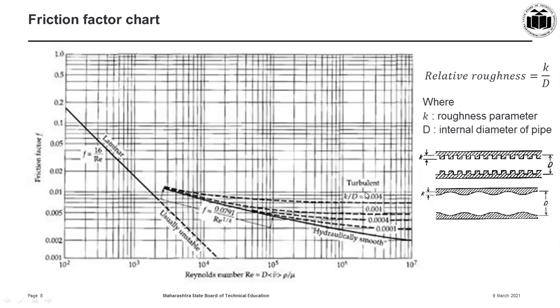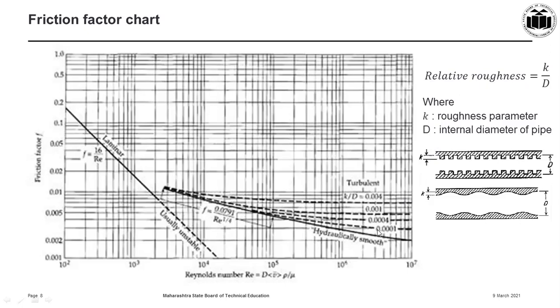This relative roughness is the ratio of the roughness parameter k, that is the projection or projected part inside the pipe, and D is the internal diameter of the pipe. So the length of the projected part divided by the internal diameter gives you the relative roughness, and by using the value of relative roughness and the Reynolds number, we can calculate the value of the friction factor.